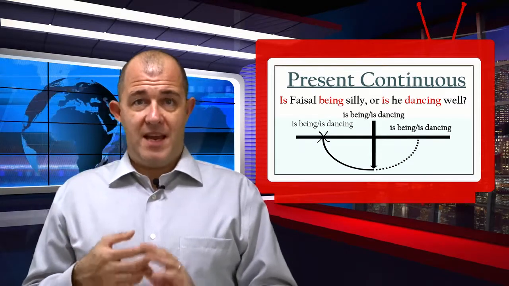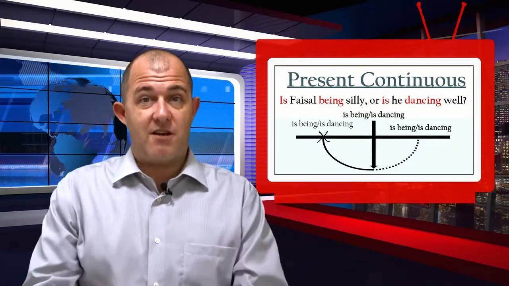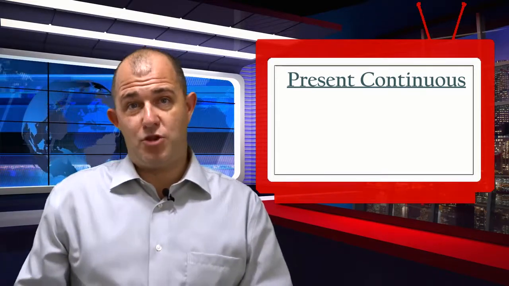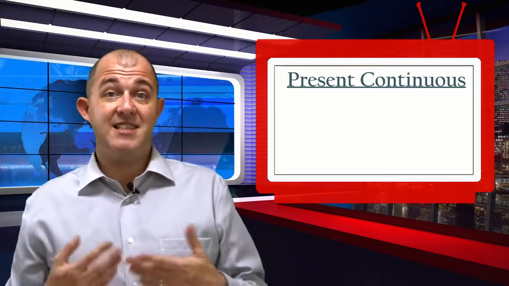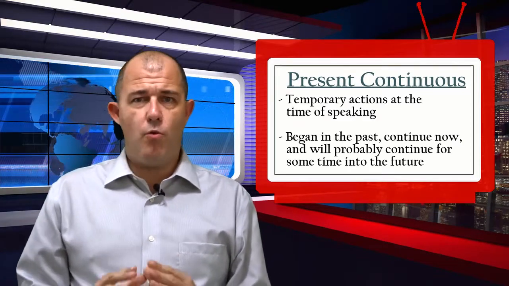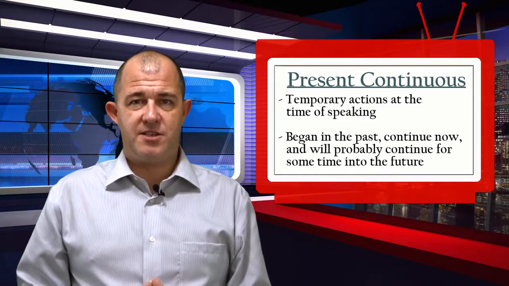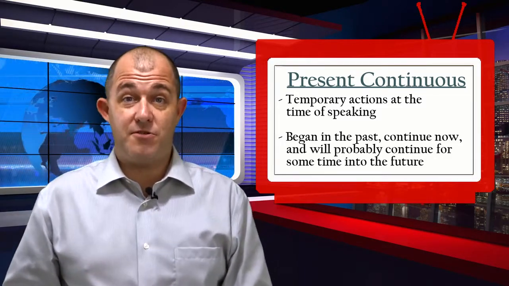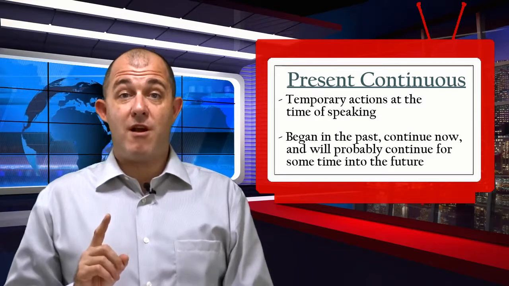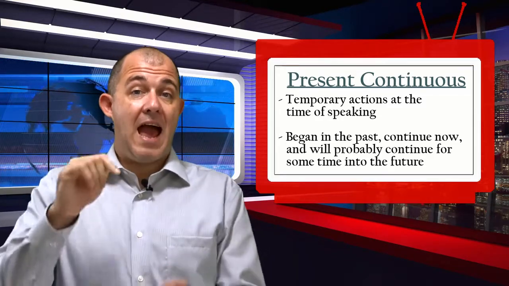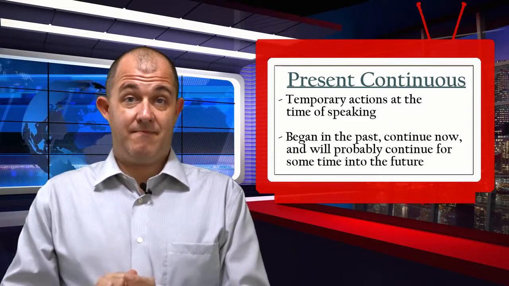The other verb, is dancing, is a physical action in the world, so it is normal to be able to use that in a continuous tense. Now let's review the rules for when to use present continuous. Firstly, present continuous is used to communicate temporary physical actions that are happening at the time of speaking.